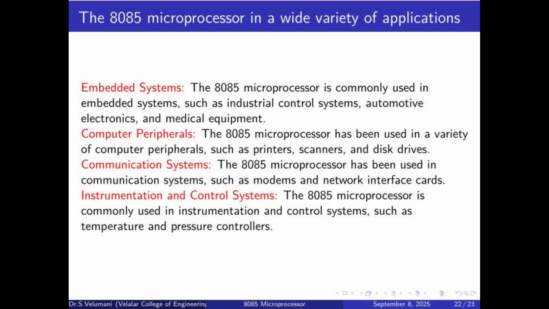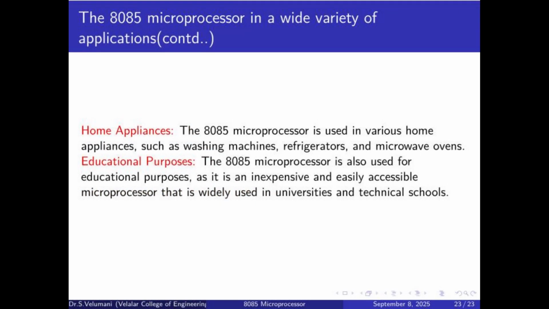In instrumentation and control systems, the 8085 microprocessor is commonly used in systems such as temperature and pressure controls. The 8085 microprocessor is also used in home appliances such as washing machines, refrigerators, and microwave ovens.